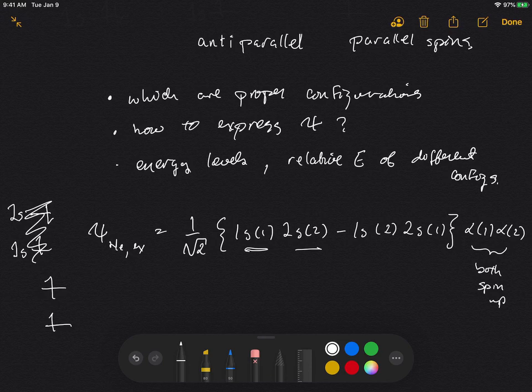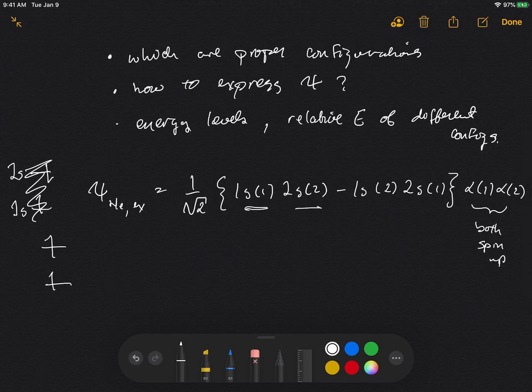And so the spin part of the wave function containing the alphas is symmetric with respect to exchange of the spin labels, whereas the spatial part, these orbitals in the curly braces here, that part of the wave function is anti-symmetric with respect to exchange of the spin labels.